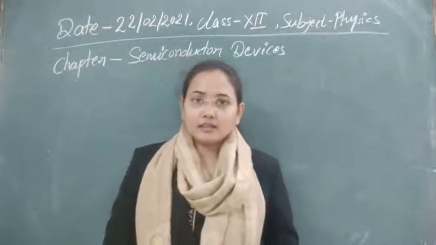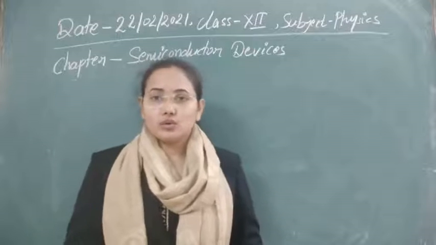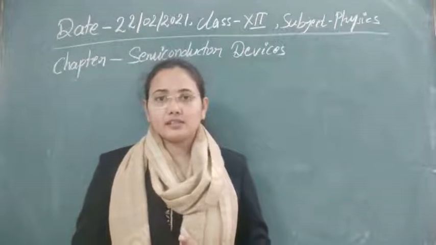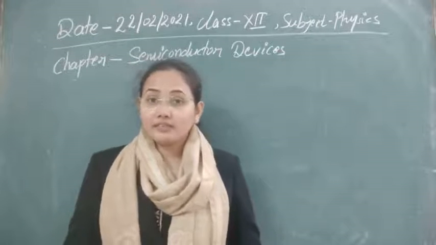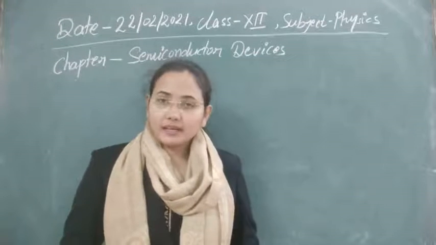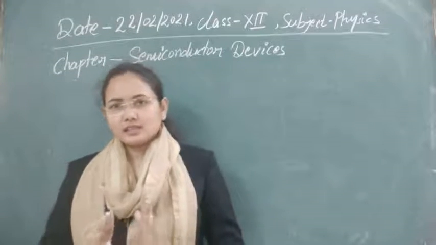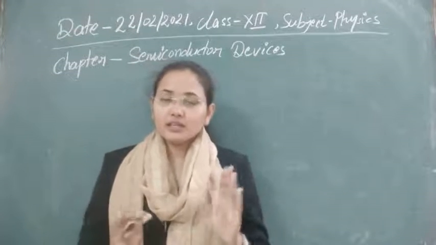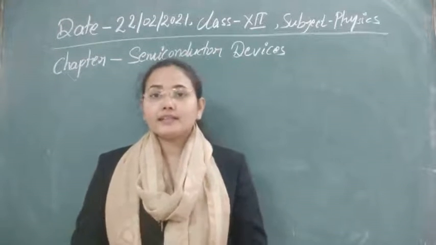So let's start. As we discussed the solar cell and its concept yesterday, which types of material we use in solar cells and why, to remind you simply, in solar cells we are converting solar or sun energy into electrical energy.